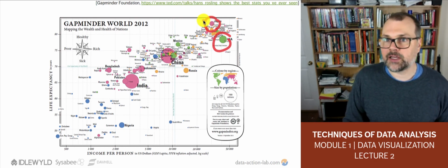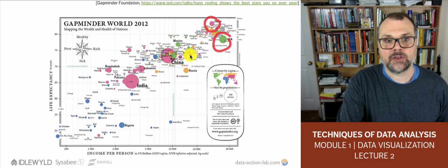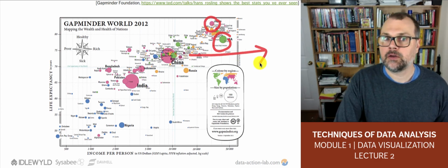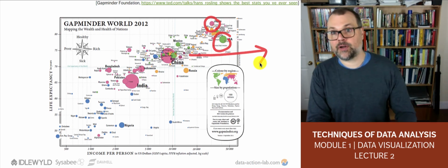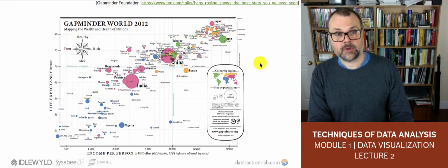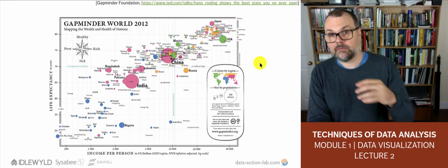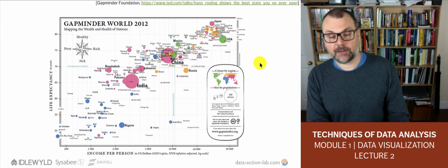Are the United States wealthier than Japan? Well, this point here is further to the right. Hence, it is wealthier according to the income per capita measurement. And Japan, in exchange, would be healthier, a longer life expectancy.